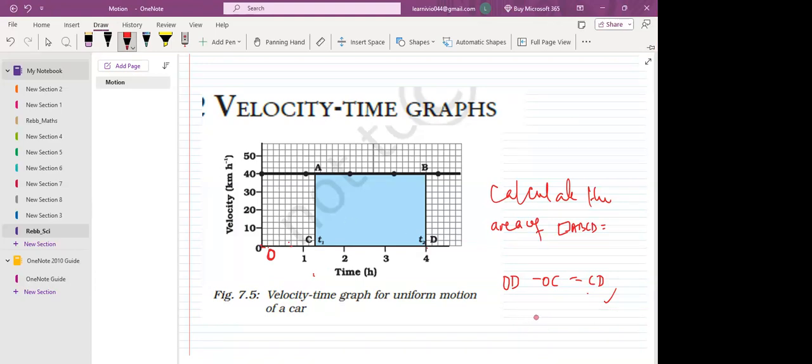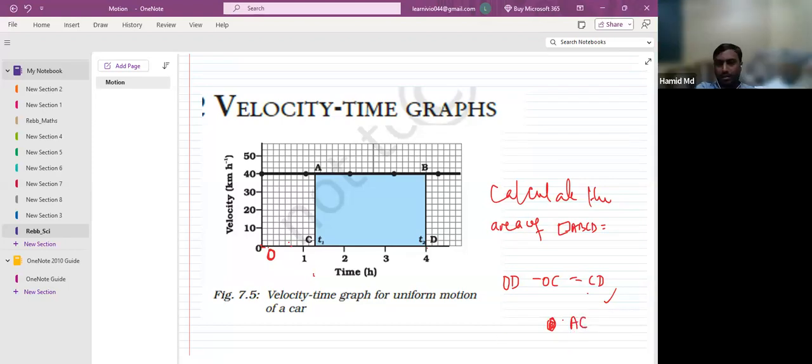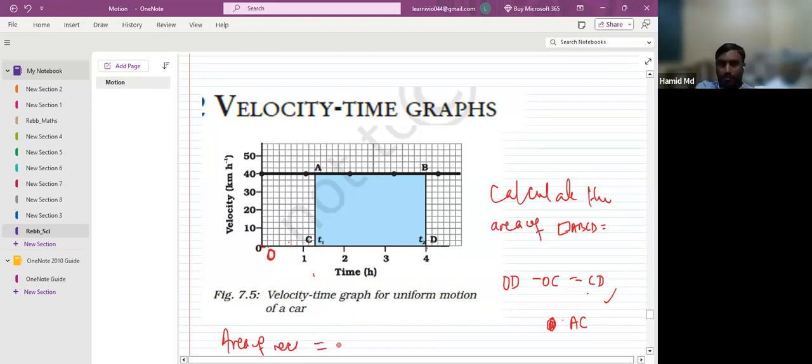AC into CD will be the area of the rectangle. So the area of the rectangle will be AC into CD, that is OD minus OC.